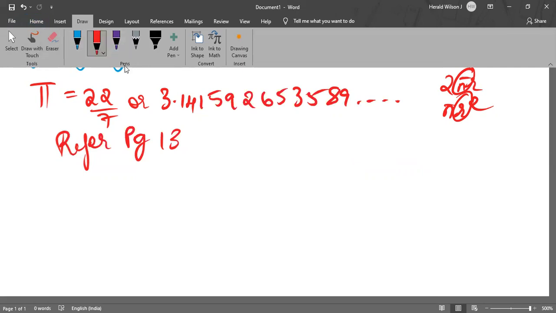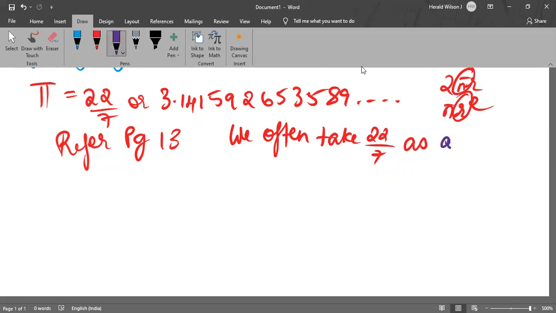There is another note given there, that we often take 22 by 7 as, this is a highlighted word, I would say, approximate value for pi.